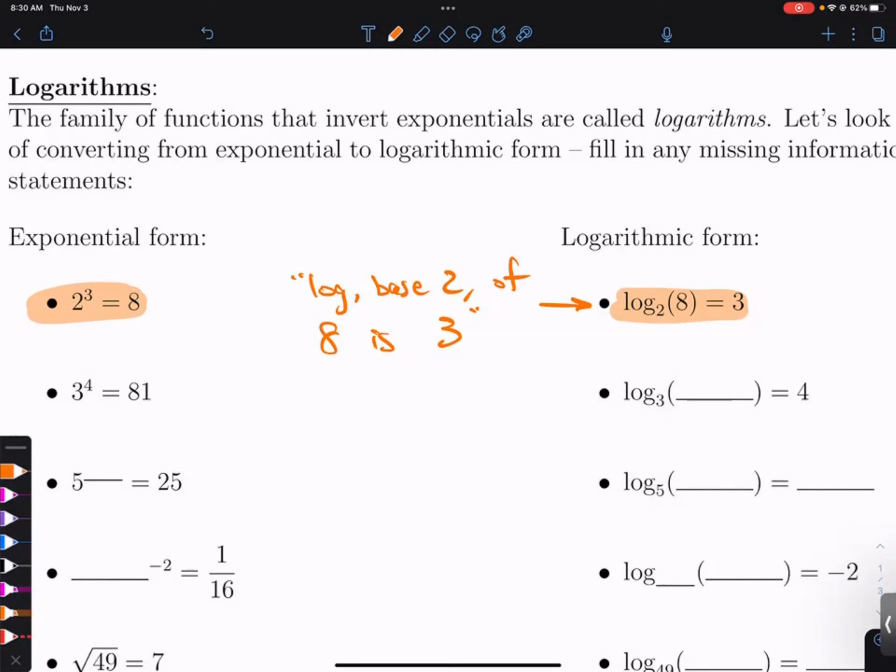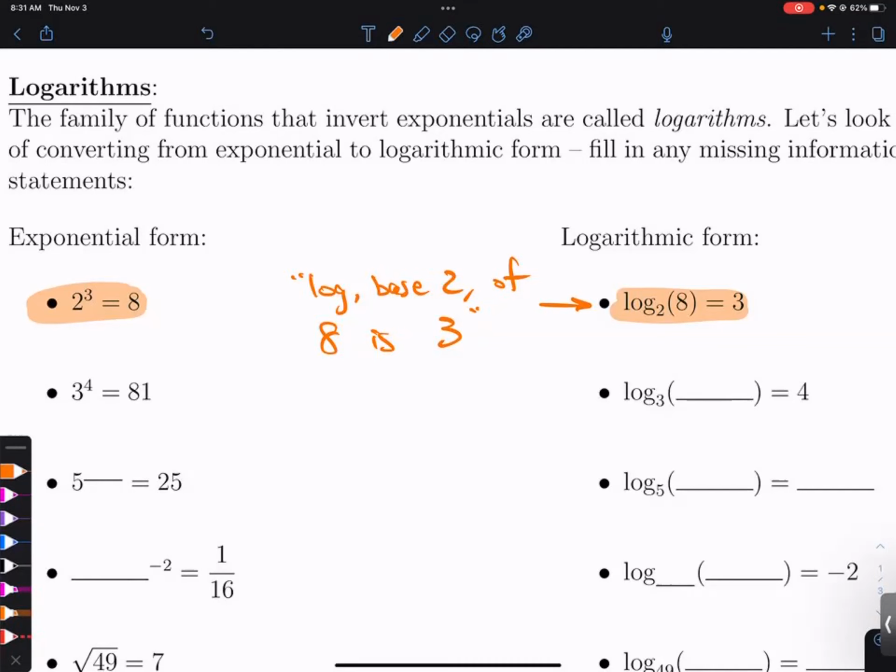How many times do you have to multiply 2 together to get 8? Well, 2 times 2 times 2 is 8. So the answer is how long it takes. That's what the power is, right? It's 3 steps, or three times multiplying 2 by itself to get to 8.